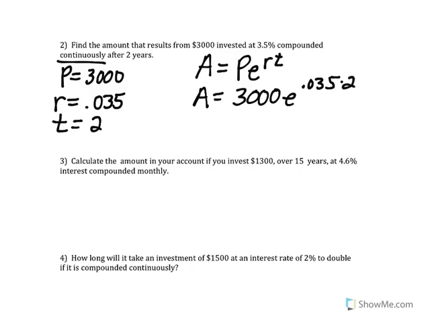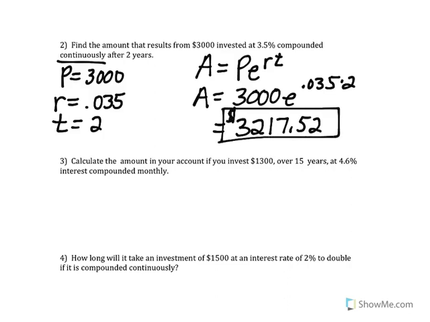So 30,000 times e to the 0.035 times 2. Do not use parentheses up in the exponent. You can just type it in times. Sometimes that causes problems, although now with the updated calculators it's a little bit better. And that is our final amount.